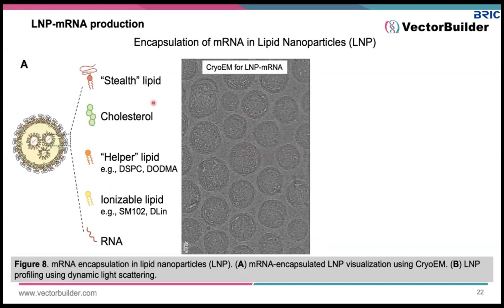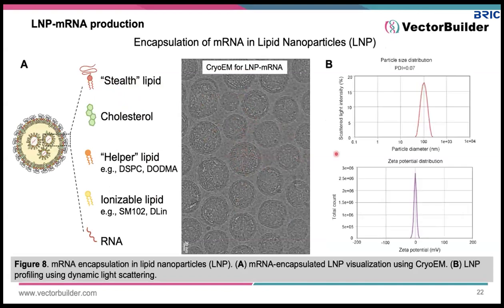And we have already come across a couple results using lipid nanoparticle encapsulated mRNA. And to generate a lipid nanoparticle, you need to mix several different types of lipid with cholesterol and mRNA. And the figure in the middle shows the image of the lipid nanoparticle mRNA that we generated.